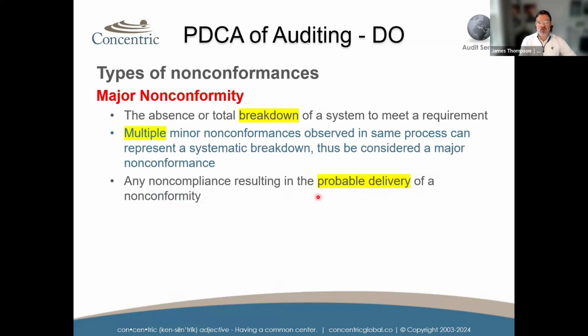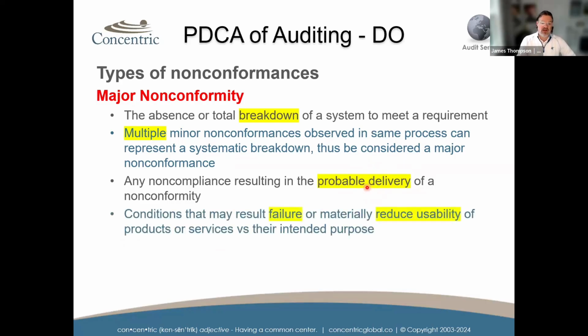So our issue with Josh, we can say, look, if you're using blue labels when you should be using red scrap labels, if you're using good product labels to ship, or good product labels and placing them on bad product, experience in your own observation is showing that that's leading to the probable delivery of nonconformance.